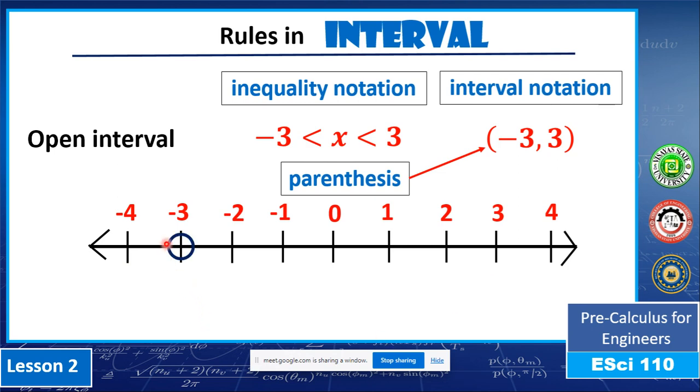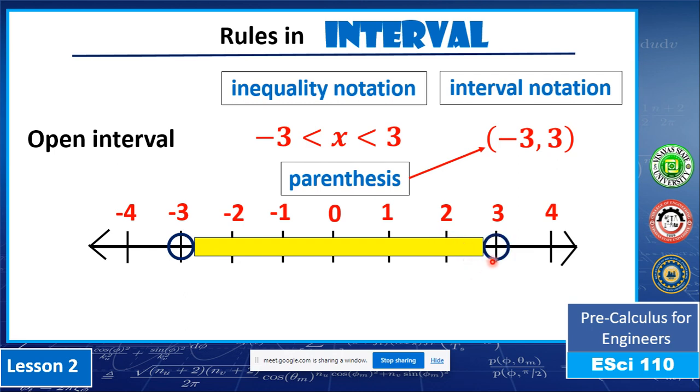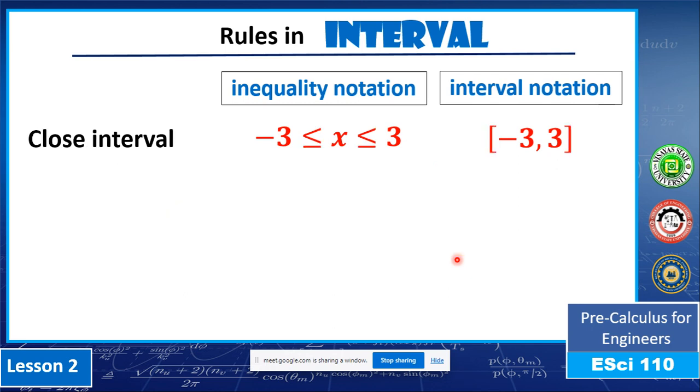We have -3, hollow since it is not included. Then we draw the rectangle, so these are the values between -3 and 3. Then finally, draw the point 3. 3 is not included, so it is still hollow. So this is how we plot an interval on the number line, for the open interval. For the next rule, the second rule, the closed interval.